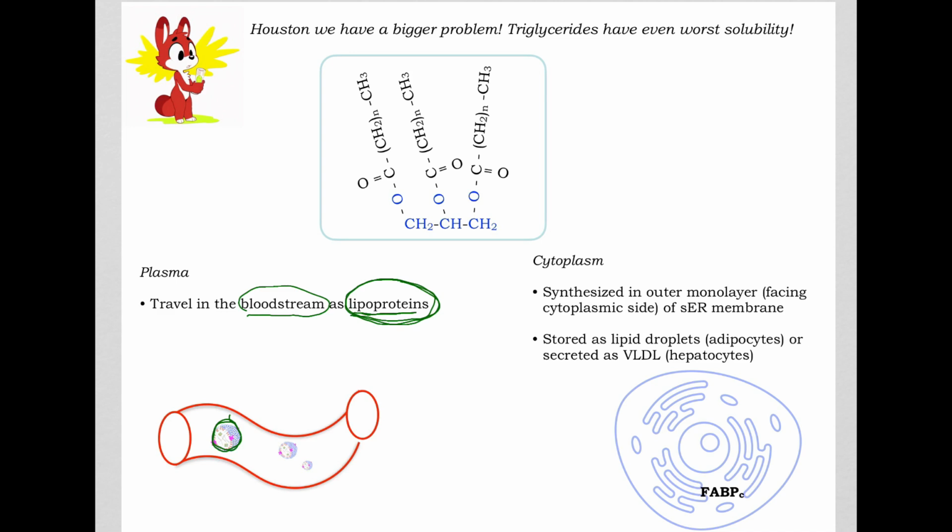And that's how triglycerides and many other lipids travel in the bloodstream. Inside the cell, we will see that these lipids are made in the endoplasmic reticulum membrane, and they are either stored as lipid droplets or secreted as VLDL. So let's look at this part in a little bit more detail.